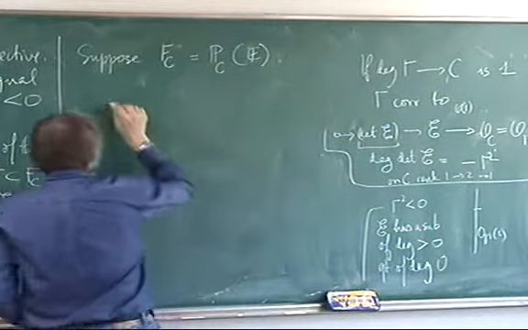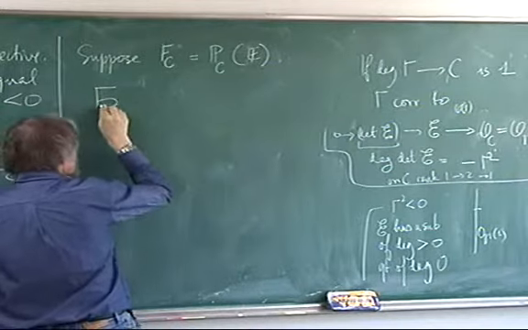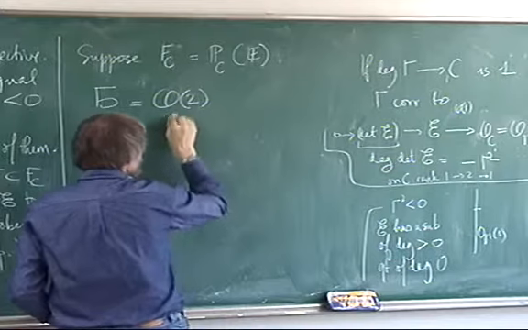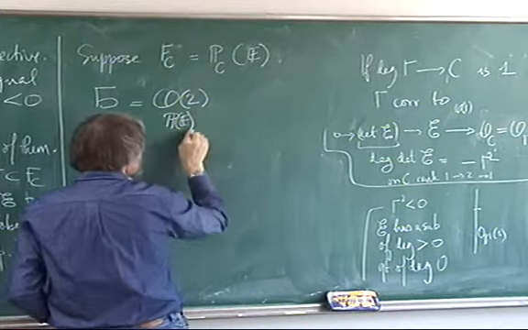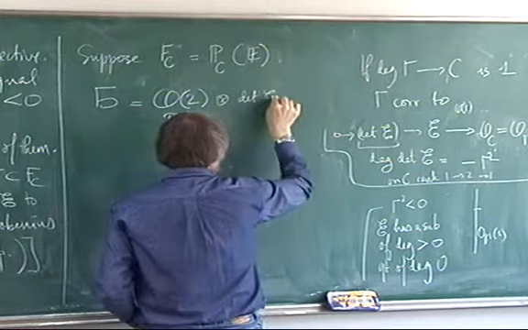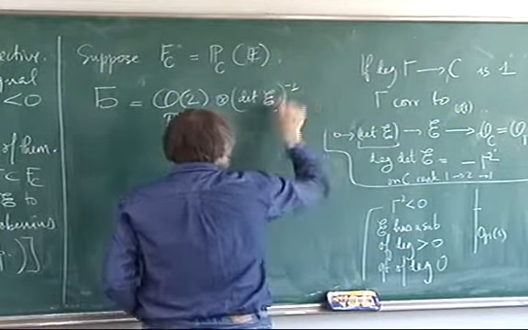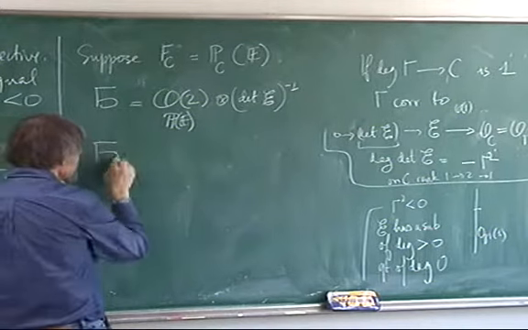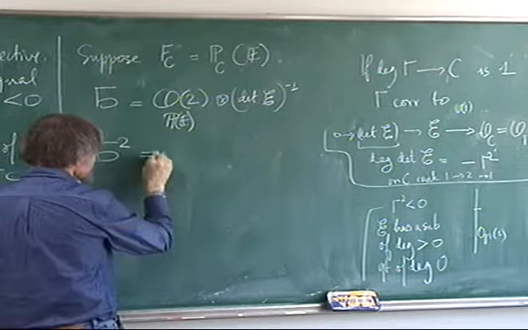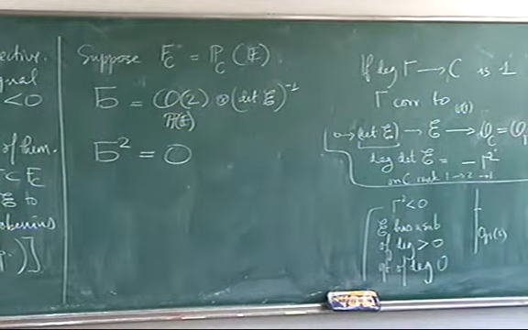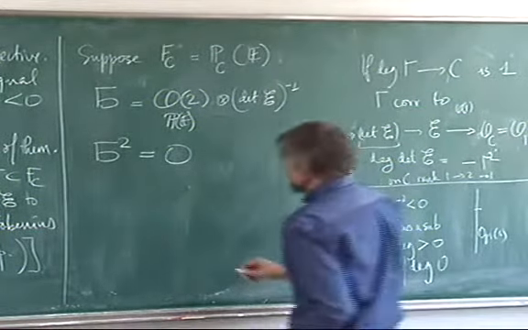And I've got this bundle B, which is O_{P(E)}(2) tensor determinant E to the minus 1. So this B squared is 0.